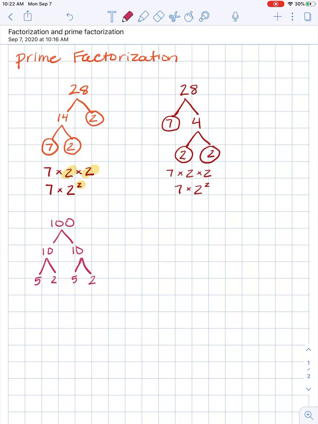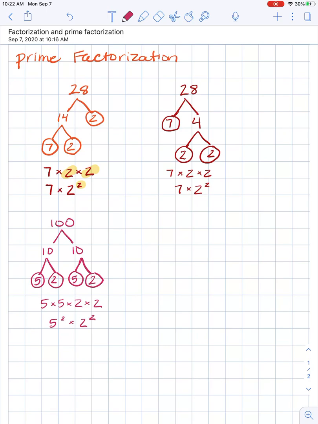Both 5 and 2 are prime numbers. The only way we can get 5 or 2 is by multiplying 5 times 1 or 2 times 1. So that's the end of this prime factorization. 5 times 5 times 2 times 2. Or there are two 5s, so we could do 5 squared times 2 squared.